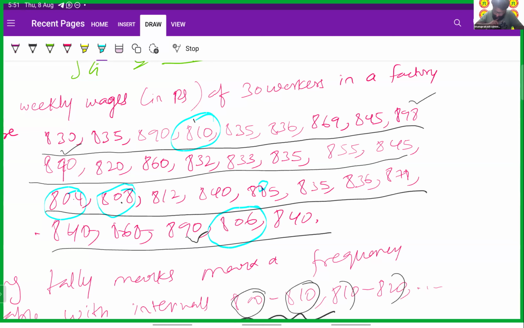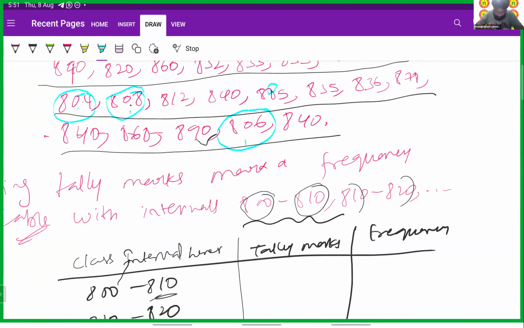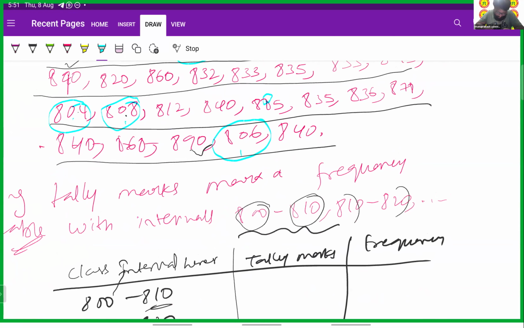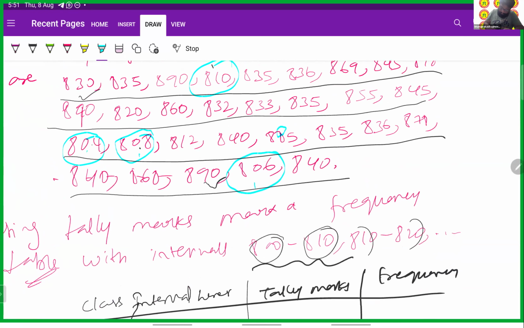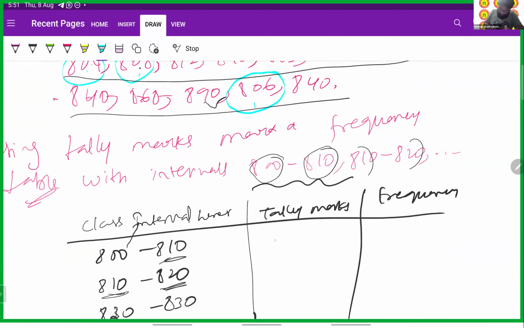Okay, so how many numbers do we have here now? 1, 2, 3, and one. One more minute. Okay, now how many numbers? 1, 2, 3, 4. So what is the frequency now? 4.